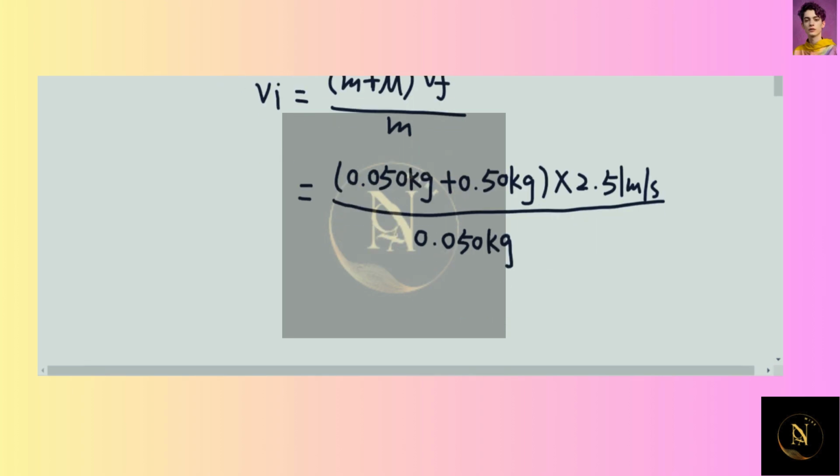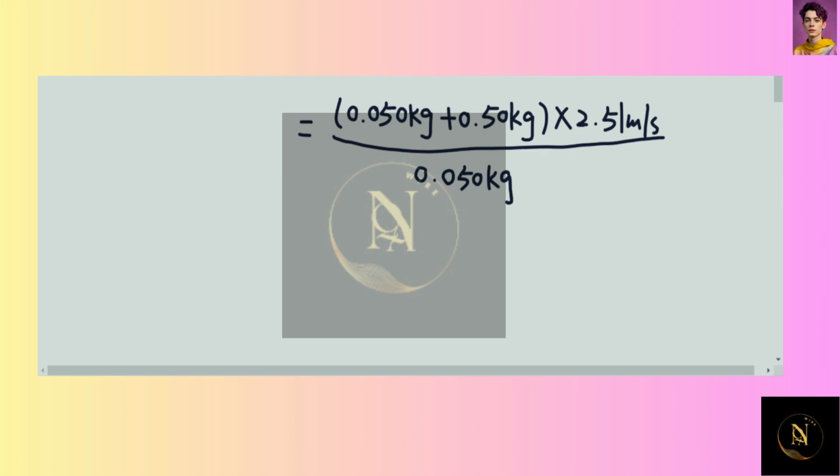And this will give us the initial speed was about 27.6 meter per second. So this is how fast that arrow was, okay? So this is the answer for this question.